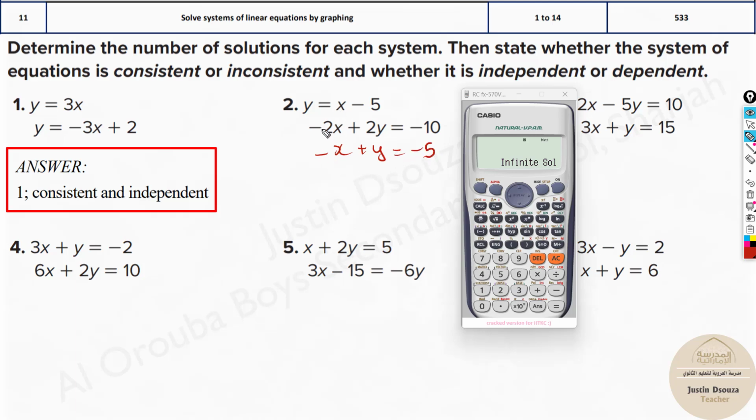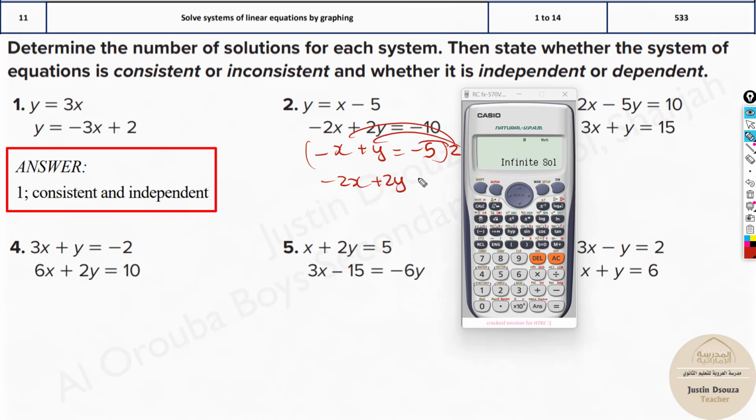Now all you need to do is make one of the coefficients equal. You can either make minus 2 to minus x or you can make minus x to minus 2x. It's up to you. Now here in this case it's easy to multiply over here. If you just multiply 2, you will make these coefficients same, right? I'll multiply here minus 2x, but you need to multiply this 2 throughout, not just for one term.